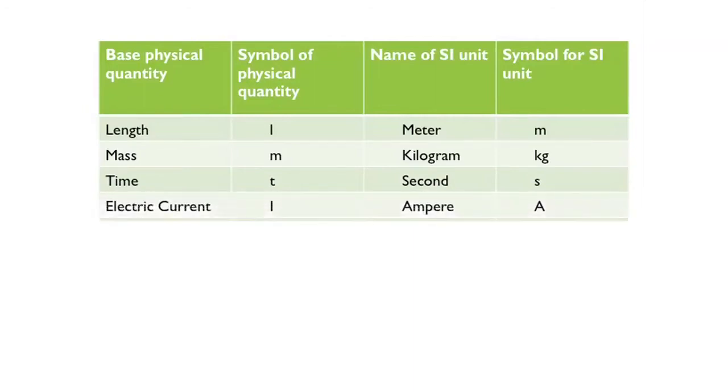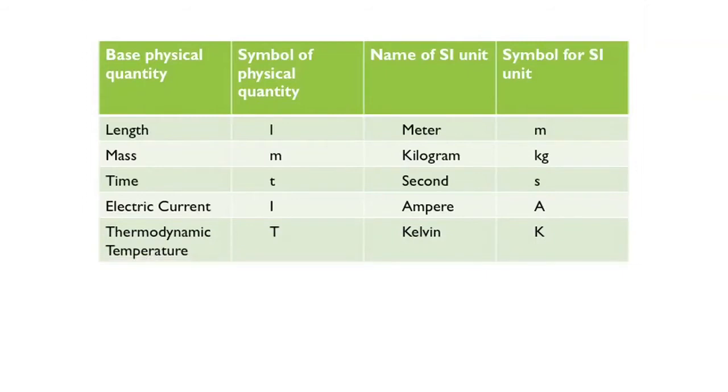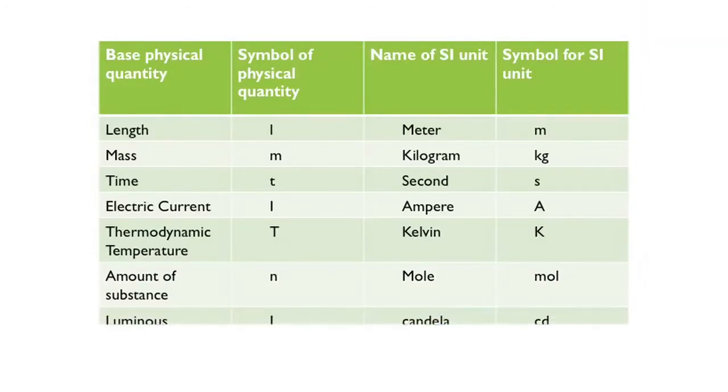The SI unit for electric current is ampere, given by capital A. The SI unit for thermodynamic temperature is kelvin, symbolized as capital K. Mole is the SI unit for the quantity amount of substance. Candela is the SI unit for luminous intensity and is abbreviated as cd.